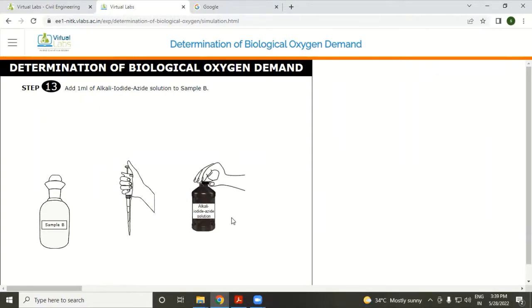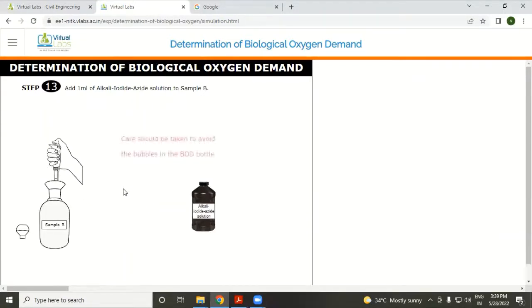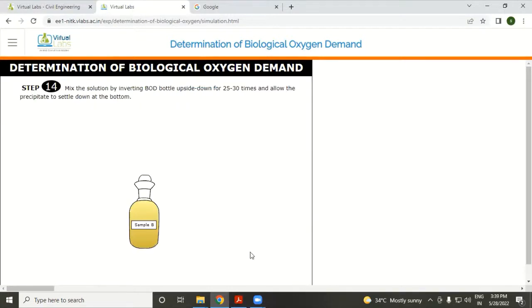Close the bottle, open the knob of the sample B bottle, and add 1 ml of alkali azide. Shake the bottle. Go to the next step. Shake the bottle. The precipitate settles down at the bottom of the bottle.